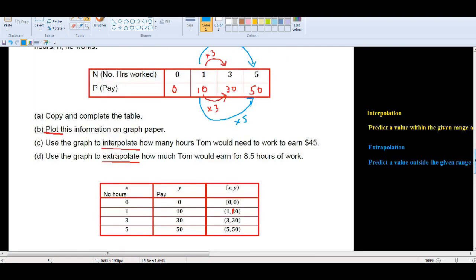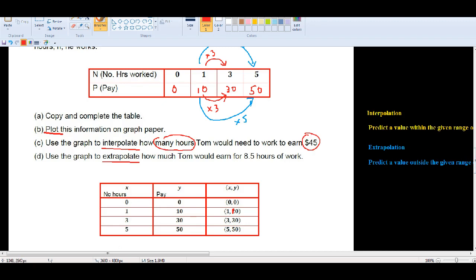So, for example, our data is: the number of hours is from 0 to 5, the pay is from 0 to 50, and if I ask you to find how many hours Tom would need to work to earn $45.